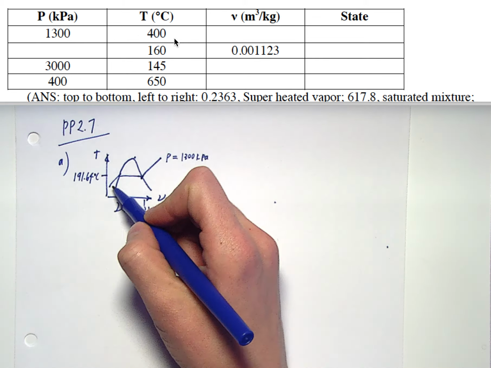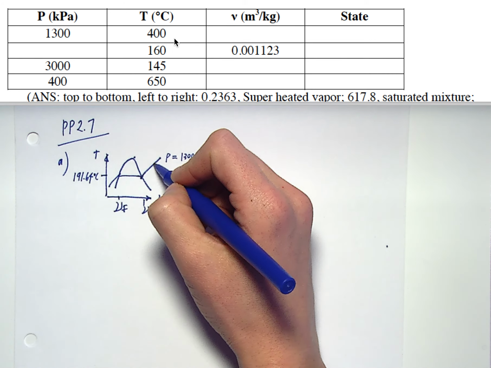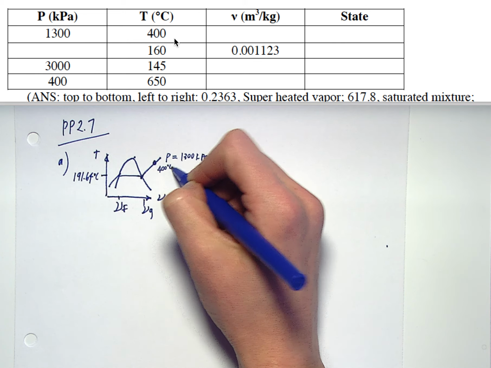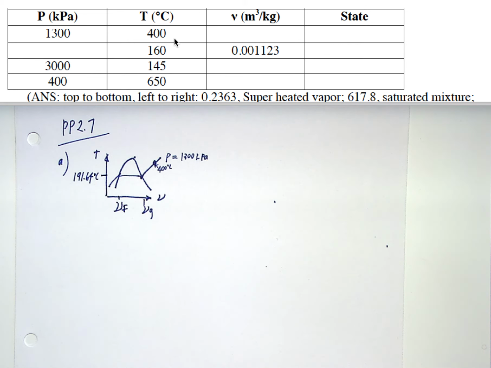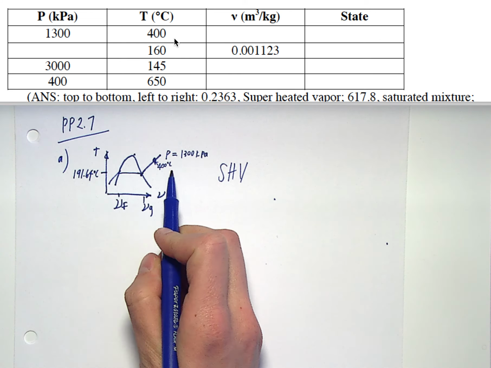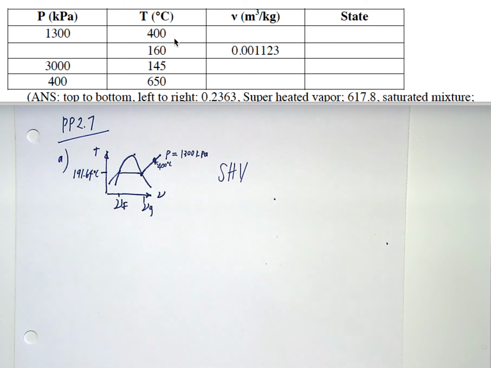So that means that on this constant pressure line, you are in the superheated region, somewhere over here. And so you are beyond the saturation region, you're all vapor, and you're in the superheated vapor region.